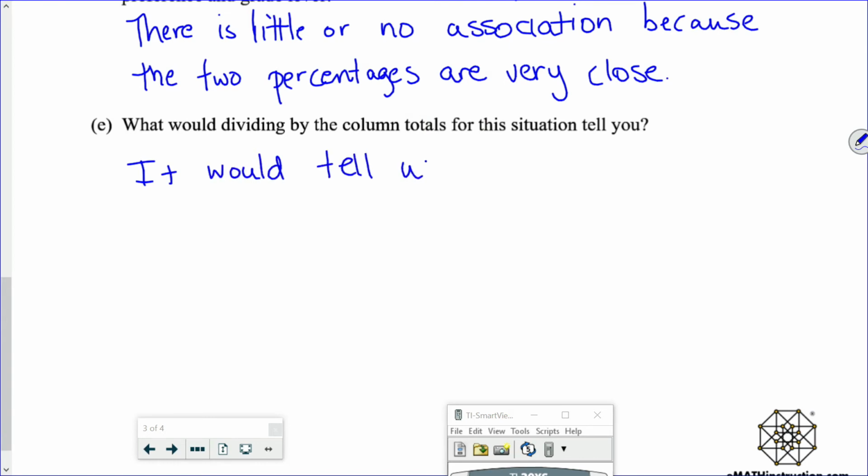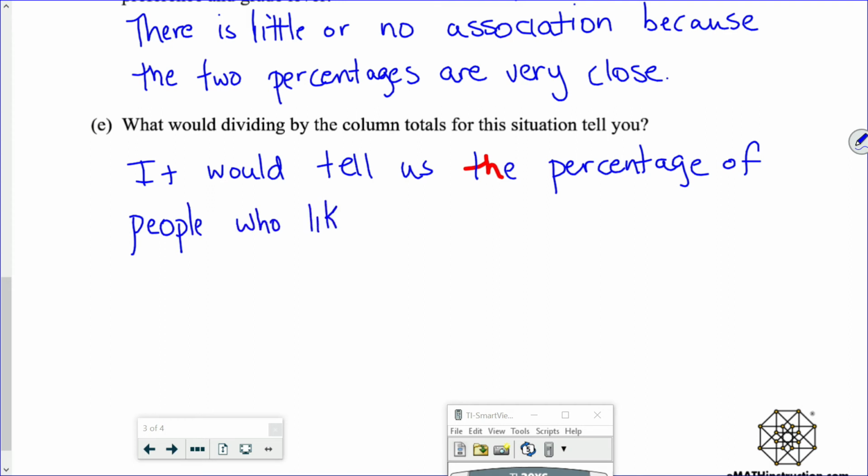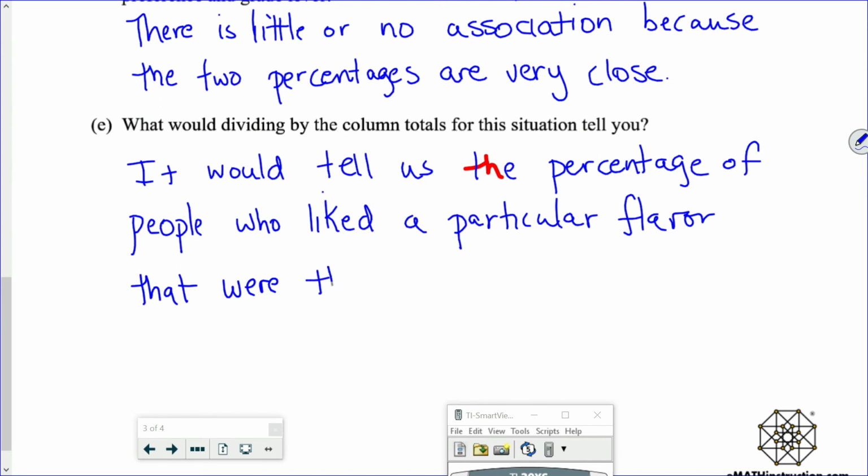it would tell us the percentage of people who liked a particular flavor that were then in 6th grade versus 7th grade.